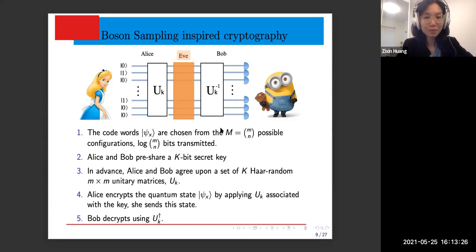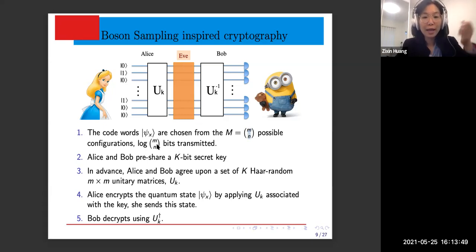So here, Alice wants to transmit a message to Bob. They both hold an M by M interferometer, and the code words are chosen from the M choose N possible configurations of photon input.